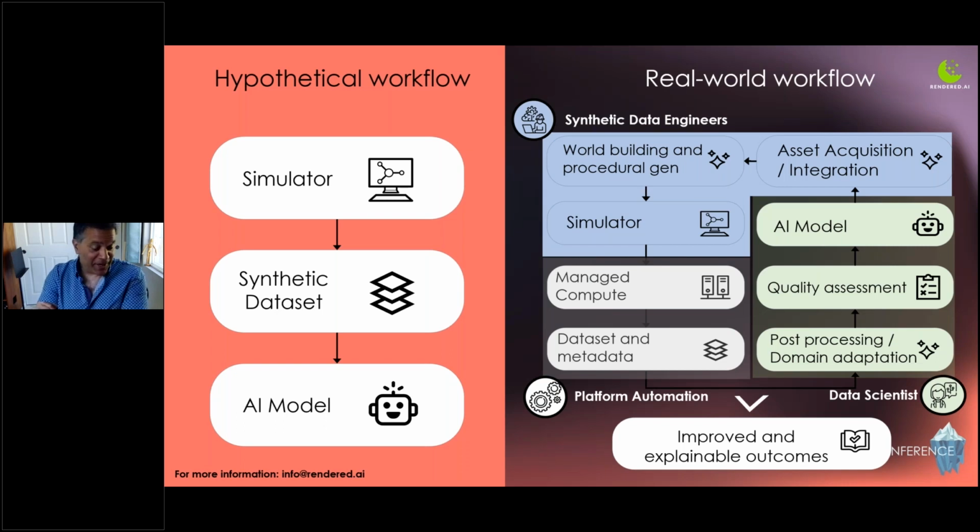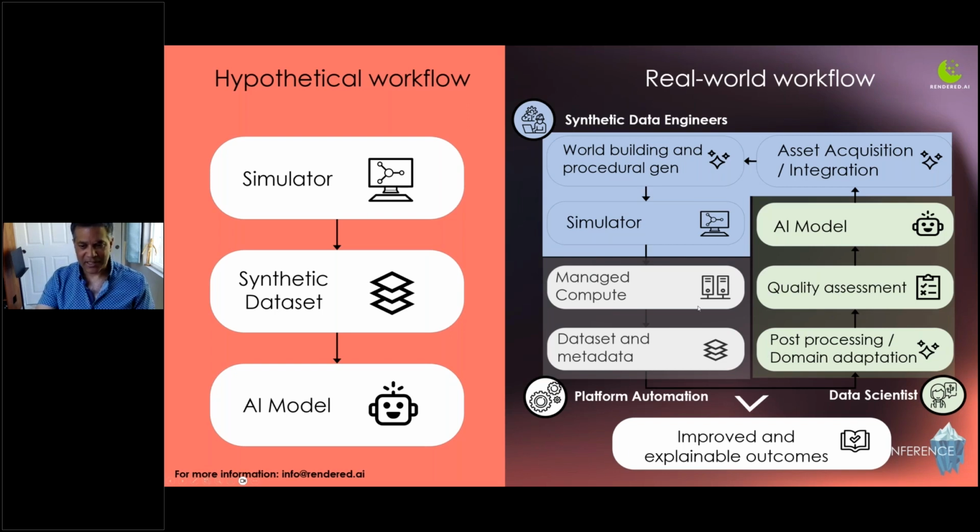And then you send those images to a data scientist who will process the images, attempt to train a model, do a quality assessment on the images, and if needed, feed requests or requirements back to what we call a synthetic data engineering team to update the simulation and enable the data scientist to generate more data.